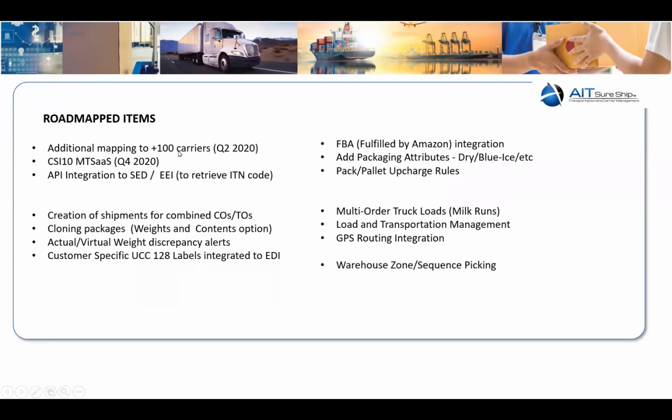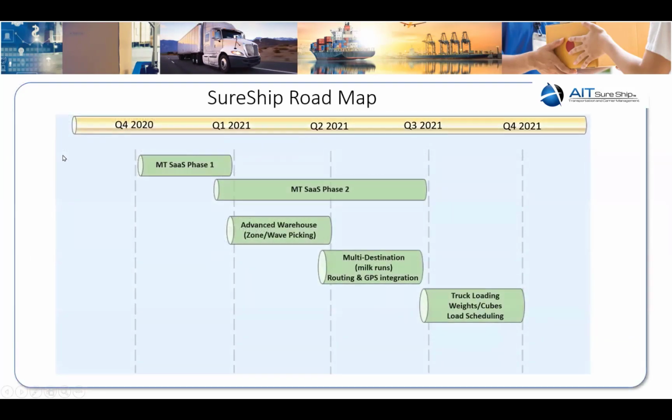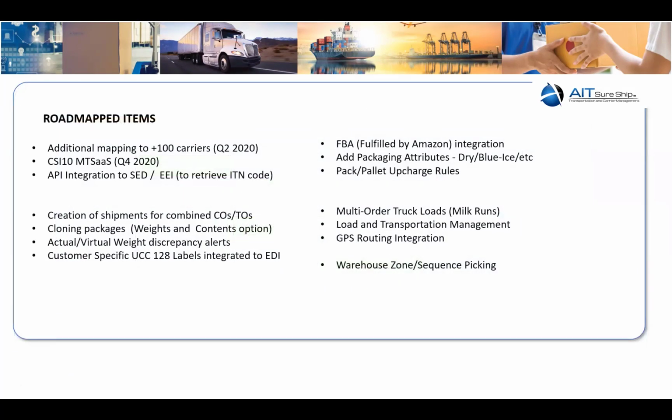Actually, the additional carriers, that's done. The CSI 10 for multi-tenant SaaS: this is working for 10 if you're on-prem, but for multi-tenant SaaS, there's additional things that need to be done, and we're going to roll that out in a couple phases.